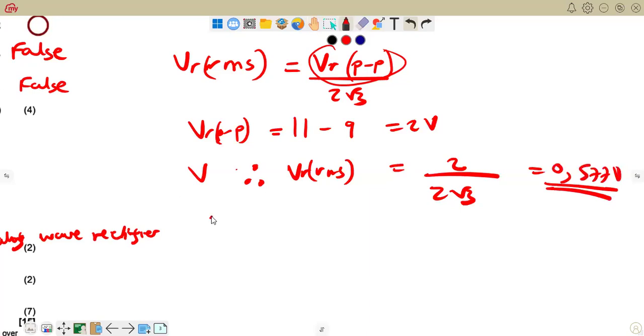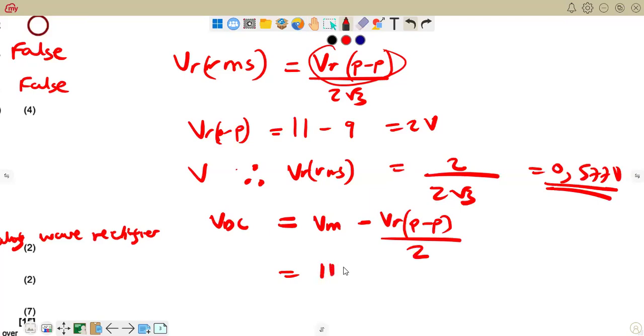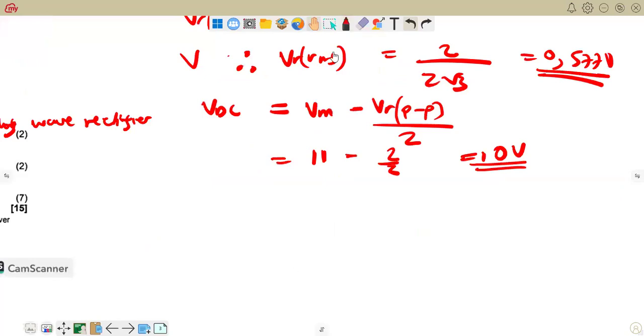That leads us now to VDC. VDC is equal to VM minus VR peak to peak over 2. So with VM being 11, minus 2 divided by 2, that gives us 10 volts. Let's go to the percentage ripple voltage, that's the ripple factor.